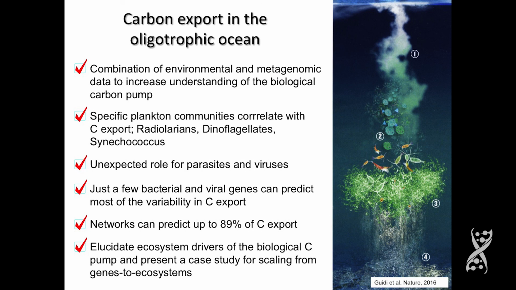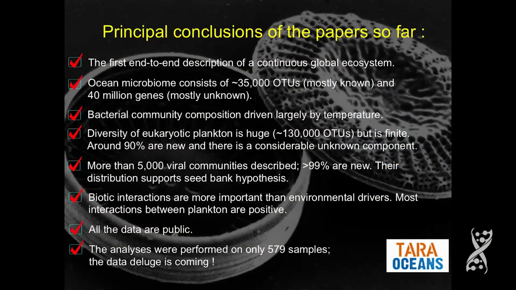And this is a nice example of a gene to ecosystem approach that we published a couple of weeks ago. So these are the principal conclusions of the paper so far. The important thing that I want to highlight is that all of this data is public, so you're very, very welcome to dig in and start using it.